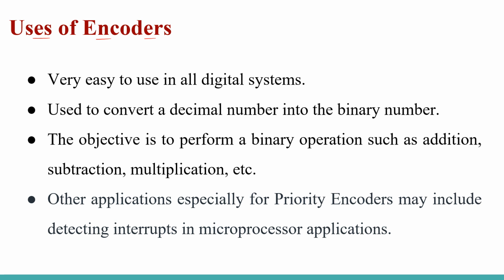In general, encoders are very easy to use in all digital systems, used to convert a decimal number into a binary number. So we observed regarding this one, decimal to binary.